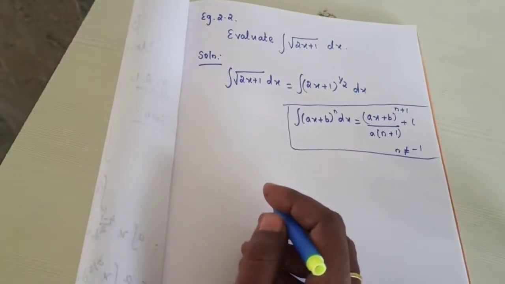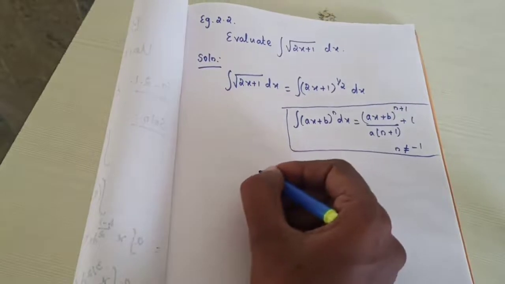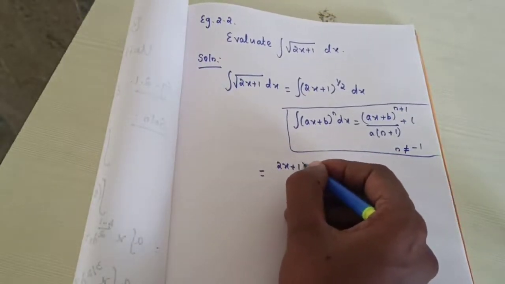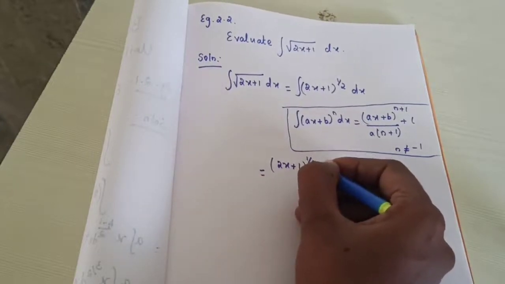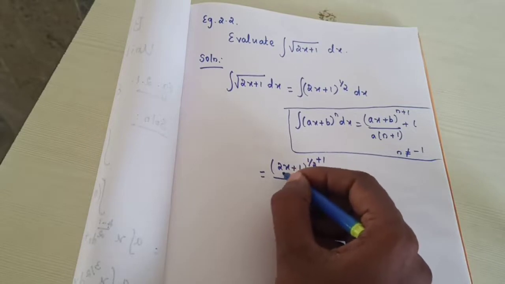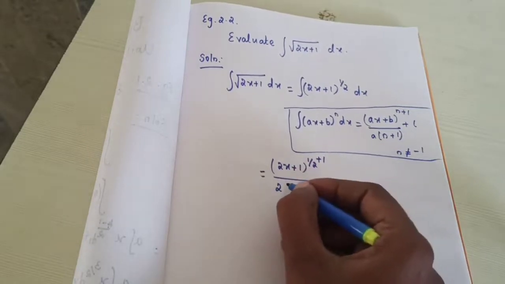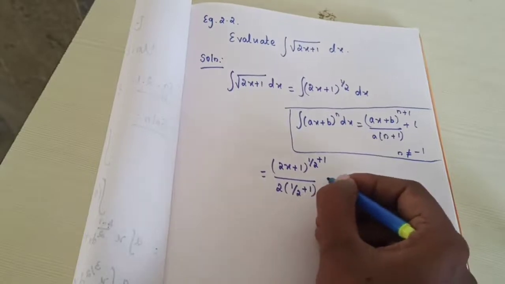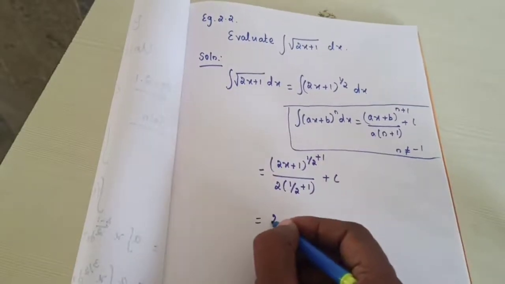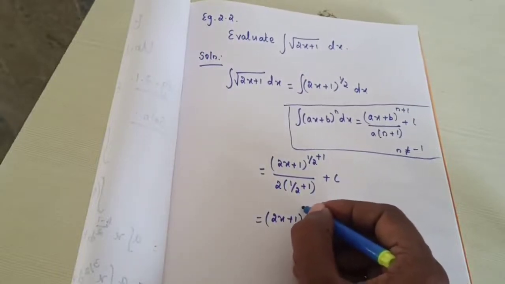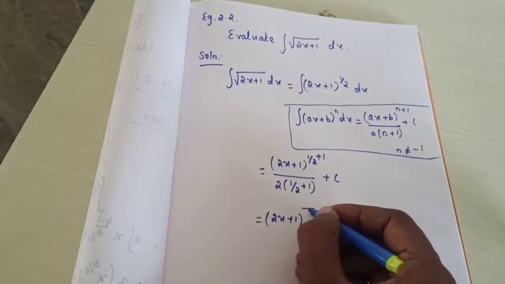Okay. So that is equal to, when you are substituting, what will happen? ax plus b, in the place 2x plus 1, n value is 1 by 2 plus 1, divided by a value, how much? 2. Is it right? 2 into, what's the n value? 1 by 2 plus 1, plus c. Okay. That's equal to 2x plus 1 the whole power, what's the LCM? 2 is the LCM.